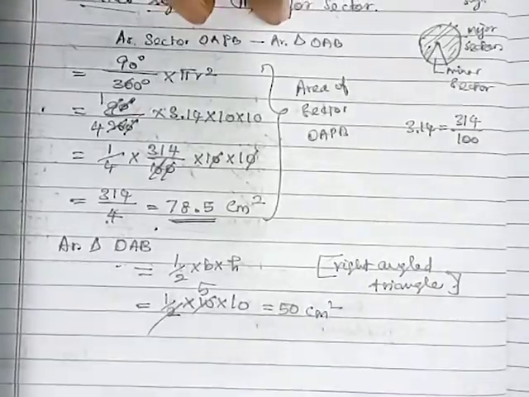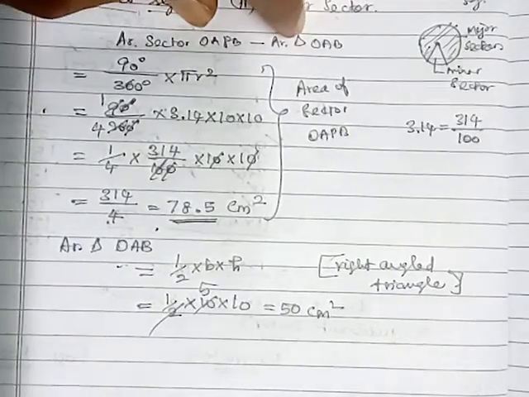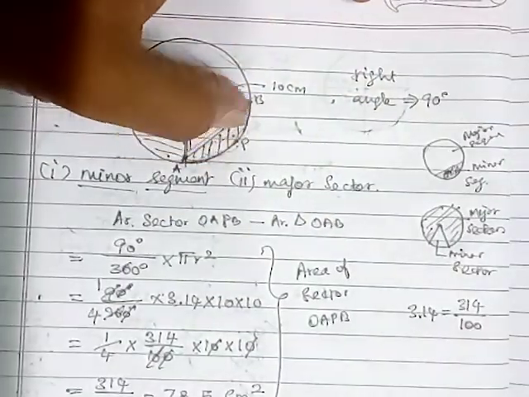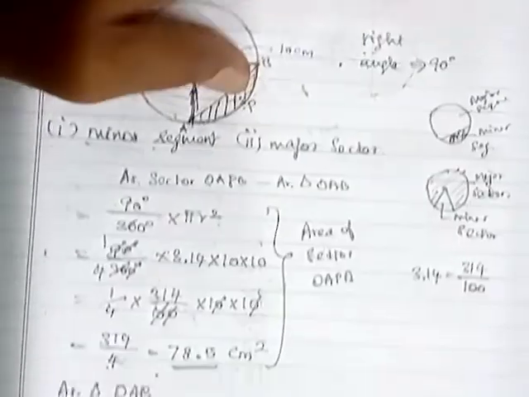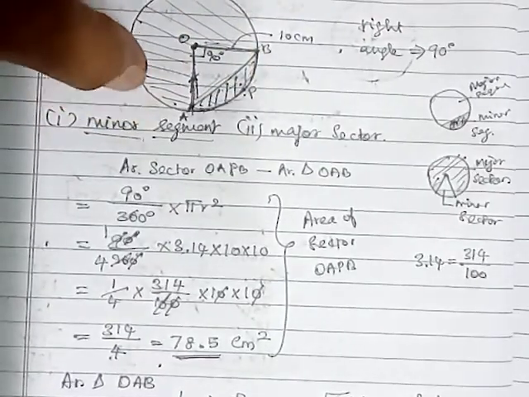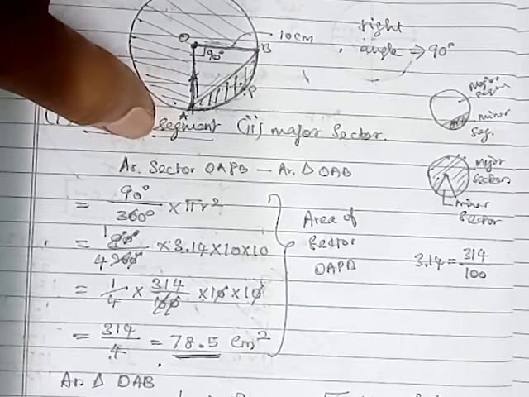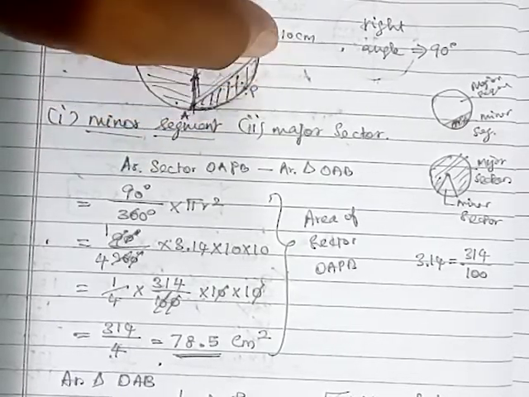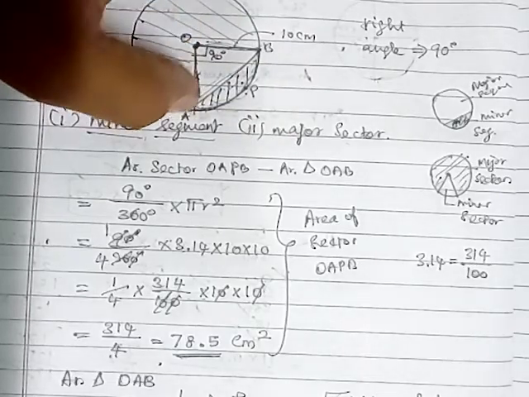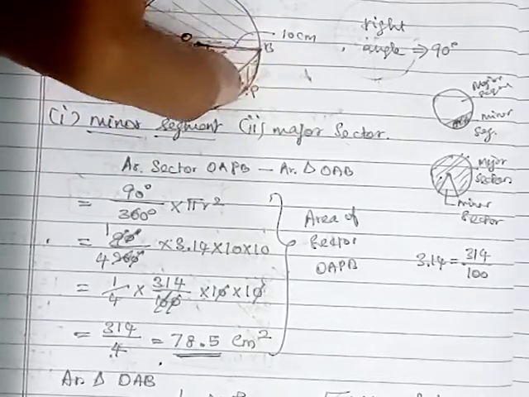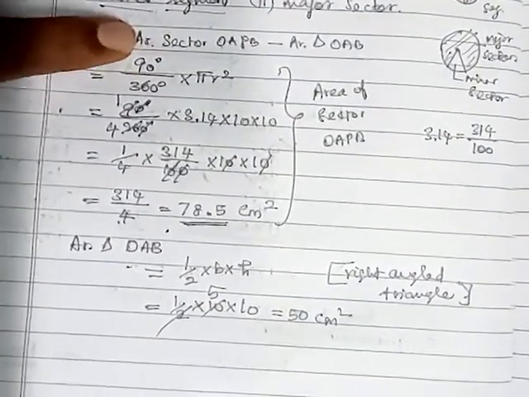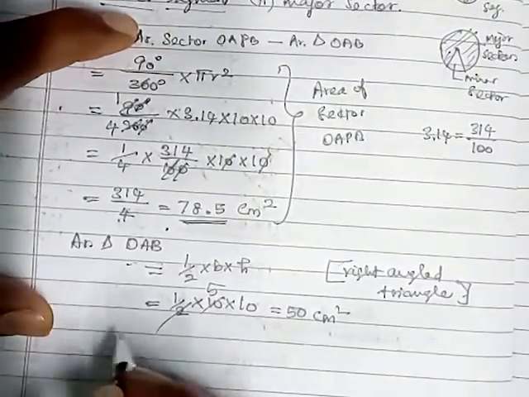Already we know that. How can we find out the value of this minor segment? We can get it from area of sector OAPB minus area of the triangle OAB. We will get this value, right? So area of sector OAPB is 78.5.